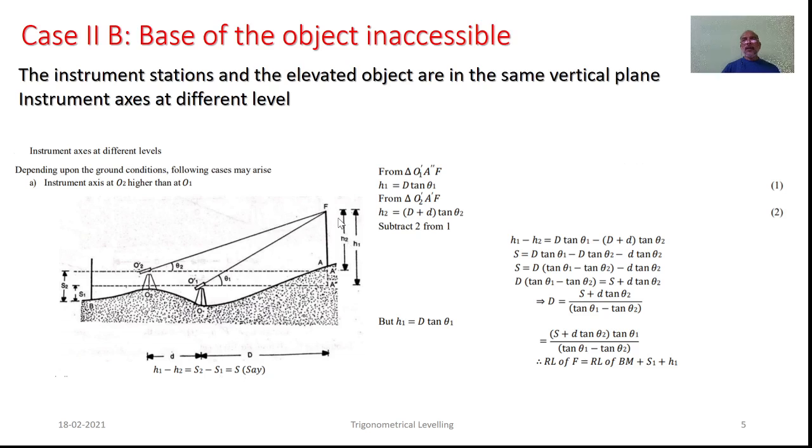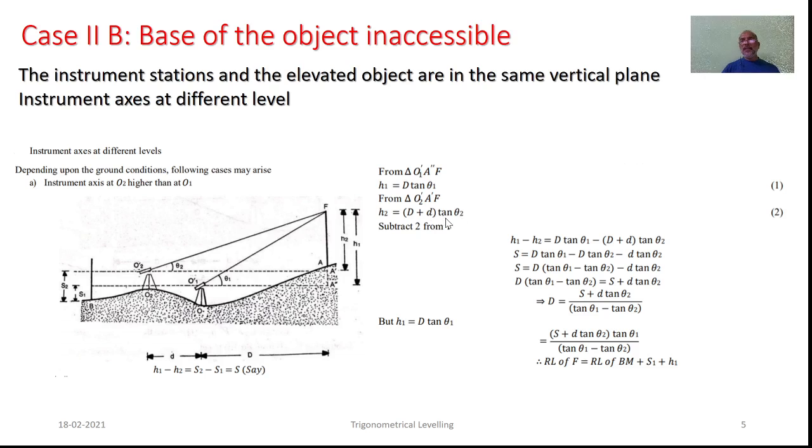So, the way we considered earlier, from this particular triangle, say O1 dash, A double dash, F, this H1 can be expressed as d tan theta 1. Similarly, from the other equipment setup, referring to triangle O2 dash, A dash, F, this H2 can be expressed as d plus d tan of theta 2.